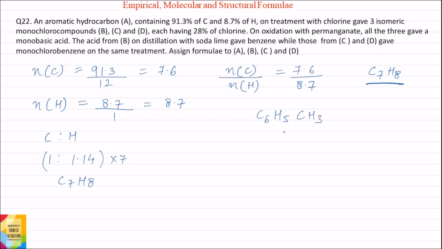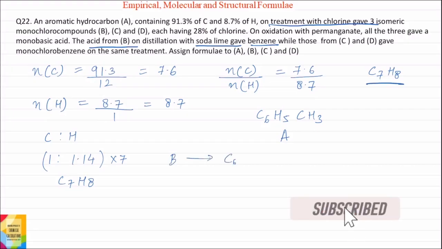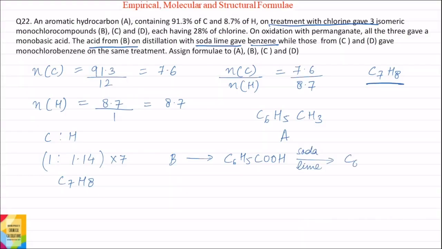So this is the compound A. Now this compound A, on treatment with chlorine, gives monochloro compounds B, C and D. And on oxidation with permanganate, all these three form monobasic acid, but the acid from B on distillation with soda lime gives benzene. Therefore, the acid which is obtained from B is benzoic acid, and this on distillation with soda lime gives benzene.